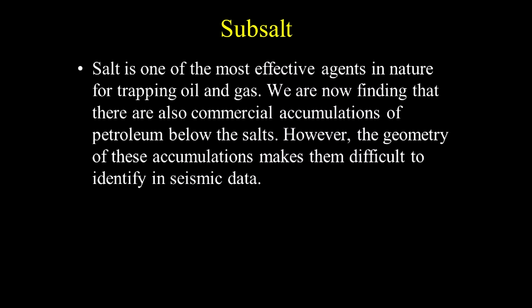Salt is one of the most effective agents in nature for trapping oil and gas. We are now finding that there are also commercial accumulations of petroleum below the salts. However, the geometry of these accumulations makes them difficult to identify in seismic data.